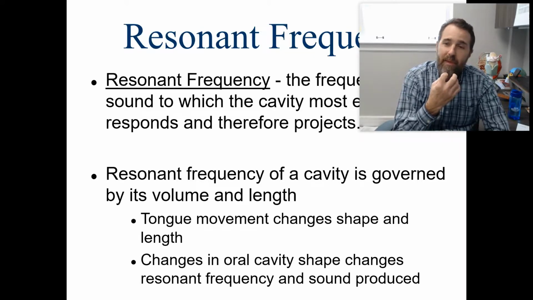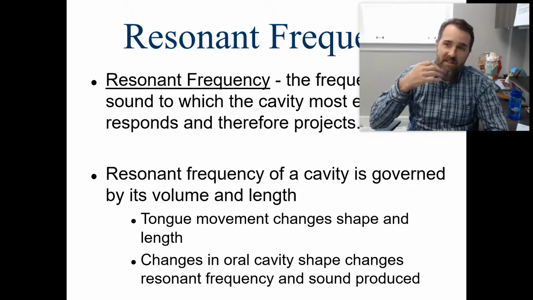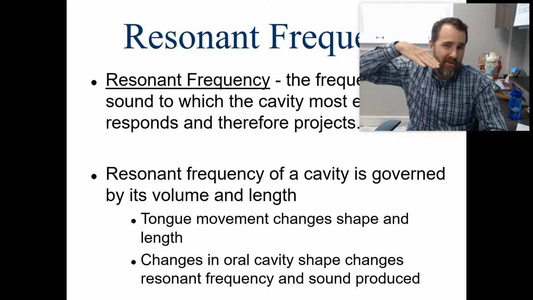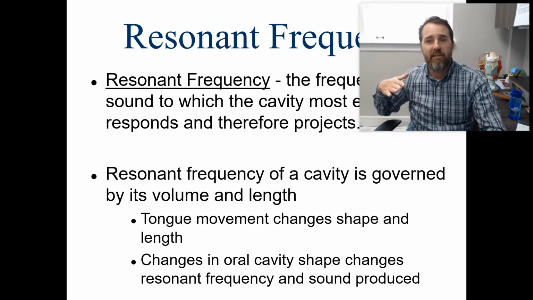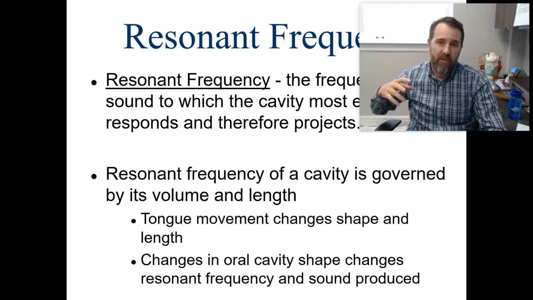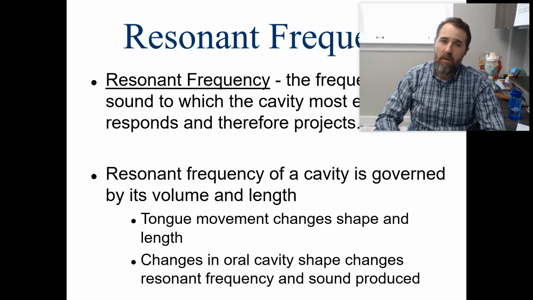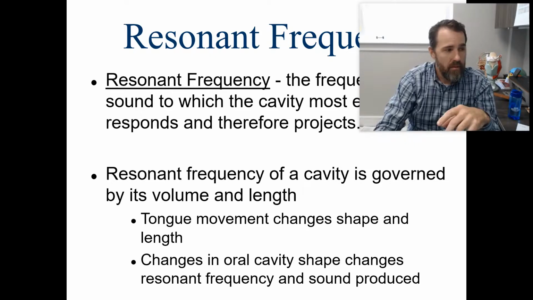But if you make the vowel "all," then suddenly you're going to feel your jaw drop a little bit, and your tongue is going to come way back down in your oral cavity. It's going to increase the volume of your oral cavity. All, oi.